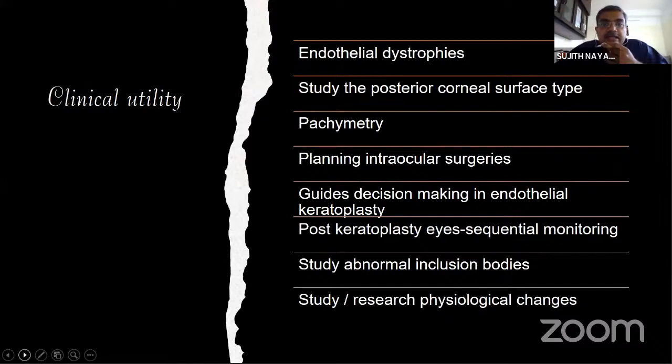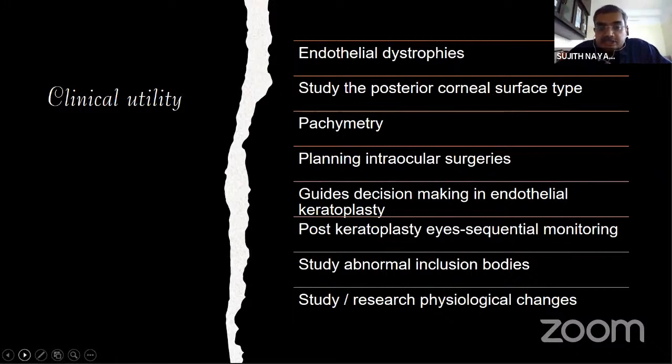And the clinical utility other than the eye bank utility are studying various endothelial dystrophies, studying the posterior corneal surface. It gives us the details of the pachymetry. It helps us in planning intraocular surgeries like cataract surgeries in some difficult conditions, and the ICL surgery, that is the lens-based refractive surgeries.